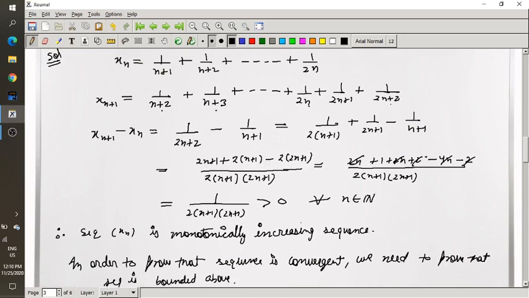Proving bounded above is difficult, proving bounded below is easy, because it is a sequence of positive terms and xn is greater than 0. So this is greater than 0 for all n belongs to natural number. So obviously it is bounded below, right? So it was not difficult to prove that this sequence is bounded below. Then something struck my mind that I have done something wrong.